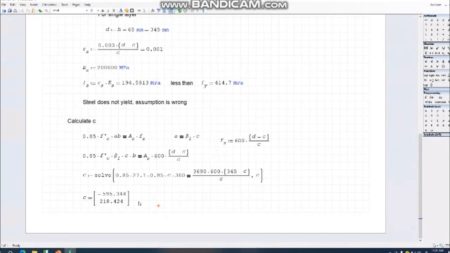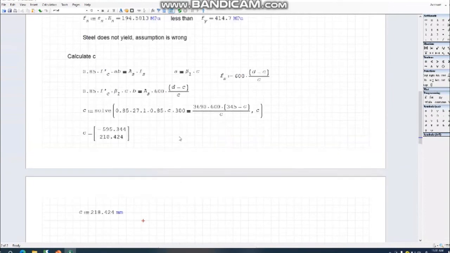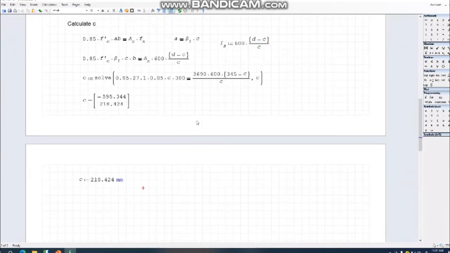Therefore, our C is 218.424. I dropped the units, because otherwise the program cannot solve it. If you do it manually, use the quadratic equation. But in this case, I'm using a program, so I can solve it directly.